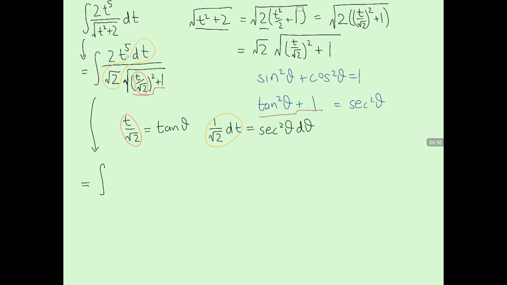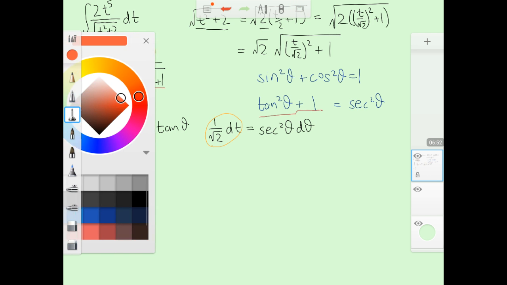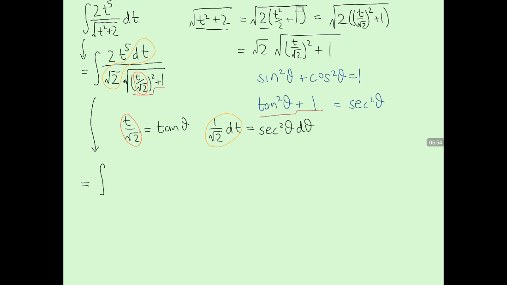Now what about our t to the 5th? Well, if we solve for t, then what we get here is t equals root 2 tan theta. So we've just rearranged this equation up here so that the root 2 is now on the theta side.